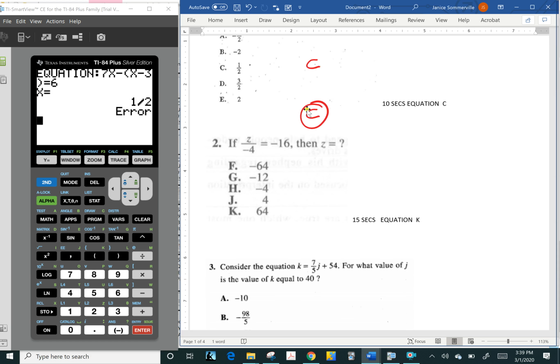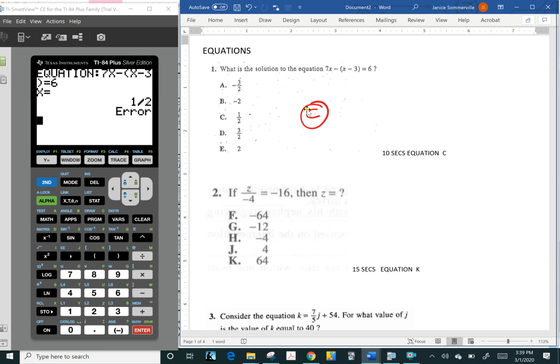All right, number 2. You see here, it has: if z divided by 4 equals negative 16, then z equals. It doesn't recognize z, so just change it to x. So we have x divided by, and I'm going to put parentheses around this, because I just always put parentheses if I'm ever in any doubt.